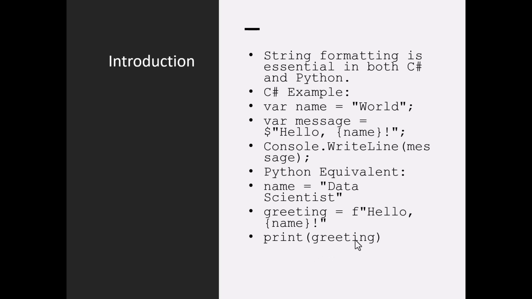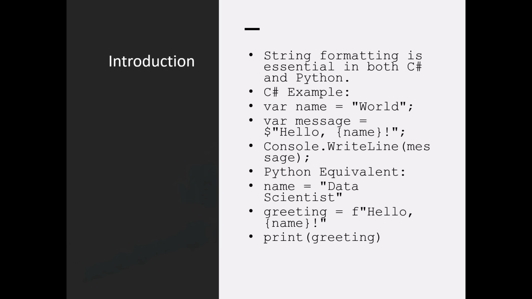There is no semicolon, as you are already familiar with by now in Python. Before we go to the next slide, I would like to show you how it works in Visual Studio Code. So let's switch over to Visual Studio Code now.